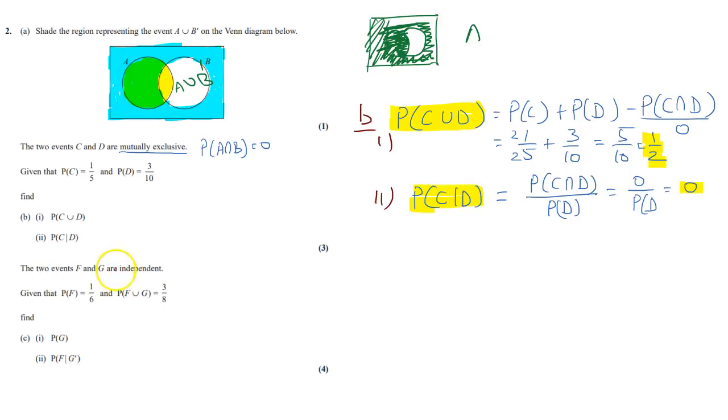The two events F and G are independent. Now they are independent events.